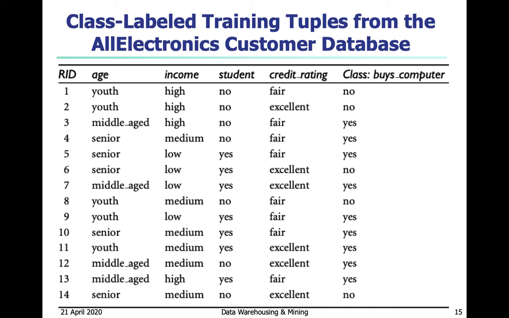So what will be the Gini index then? Among these 10, how many no or yeses are there?